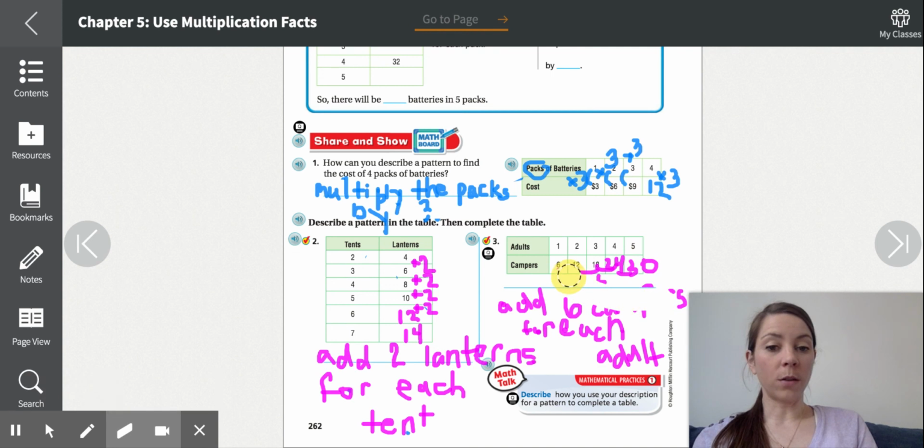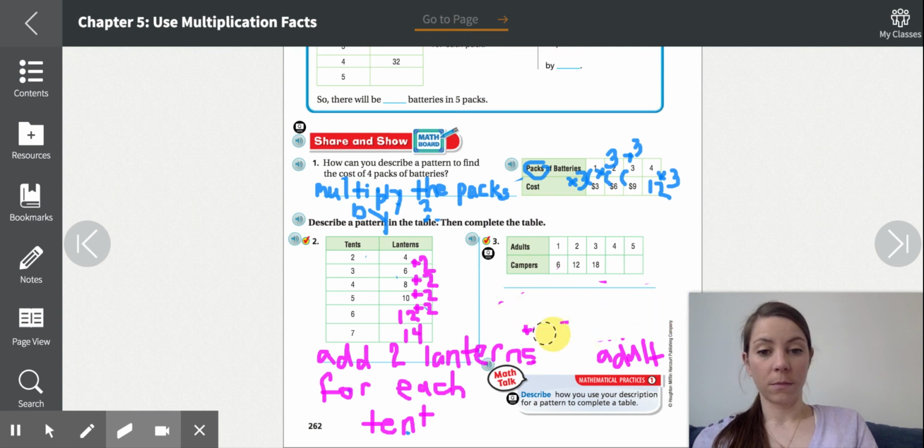All right, now maybe you were a person who, instead of going across for your pattern, you wanted to do the columns going down. So let's see what your pattern would have got. So yours, we got from a 1 to a 6, a 2 to a 12, a 3 to an 18. What am I doing to each one of these numbers?